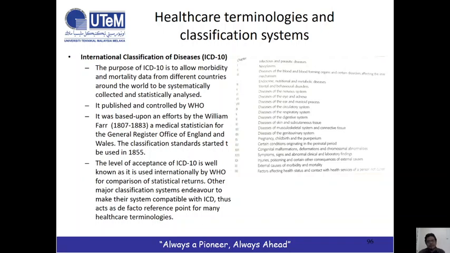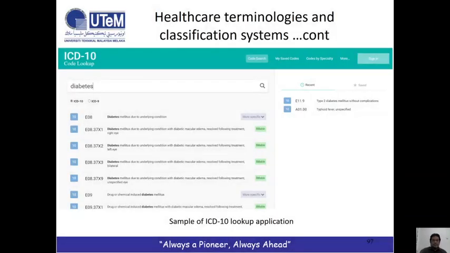So for example, the doctor will type fever. Okay, fever, unclassified fever, there are a lot of fevers, and then they will choose and store it into the electronic medical record. Okay, this is an example of ICD-10 code lookup.